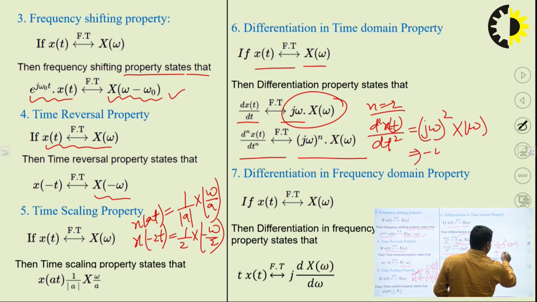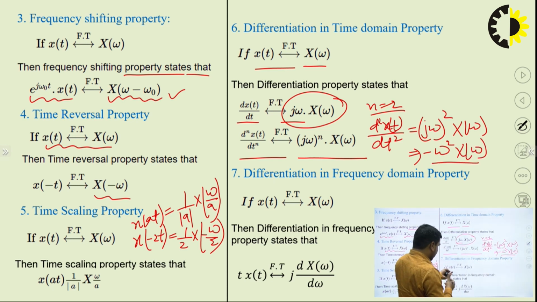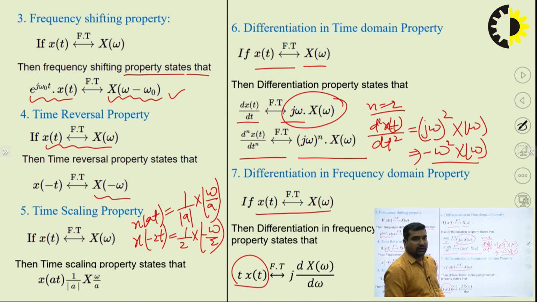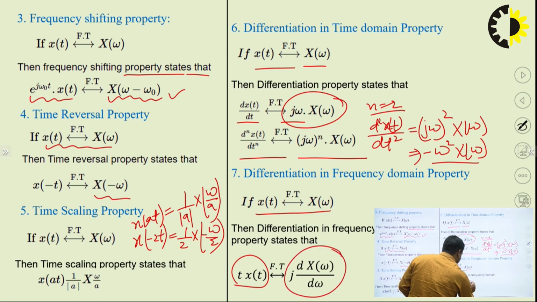That is minus 1, so minus omega^2 X(omega). And for differentiation in the frequency domain, if x(t) has Fourier transform X(omega), then the differentiation in frequency domain property states that if we multiply that particular function by t, then it becomes j dX(omega)/d(omega).